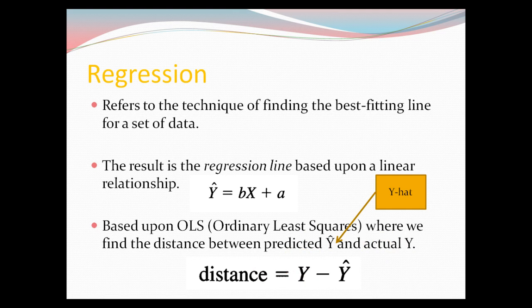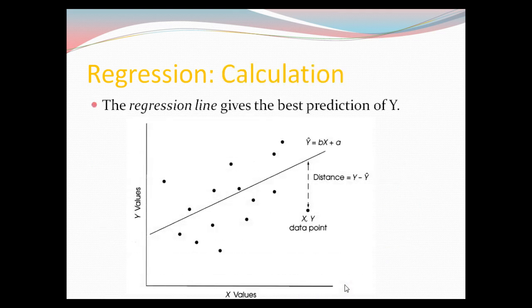So the distance of y minus predicted y, or y hat. The calculation gives you a regression line, otherwise known as the line of best fit. And basically for your data points of x values, your independent values, and your y values, what is the best fitting line of the scatter plot of data points.